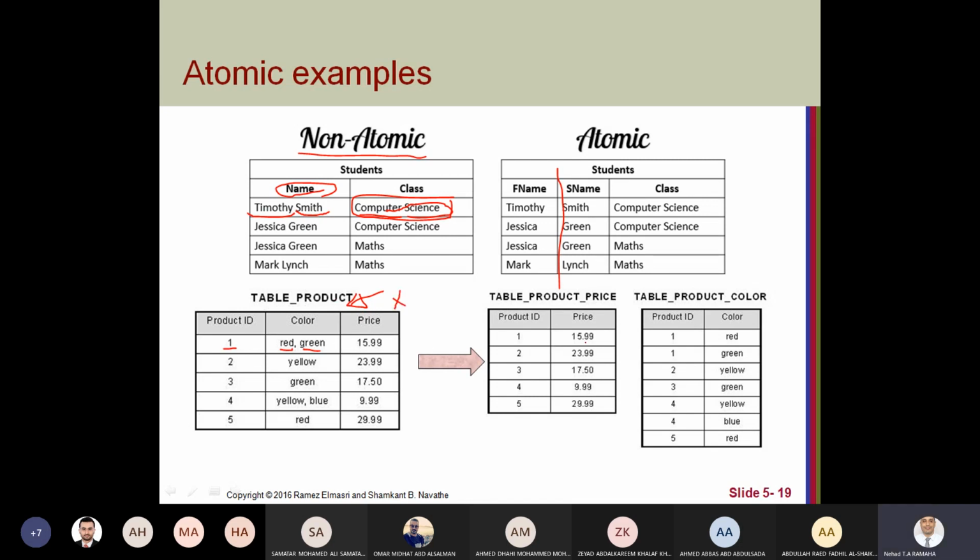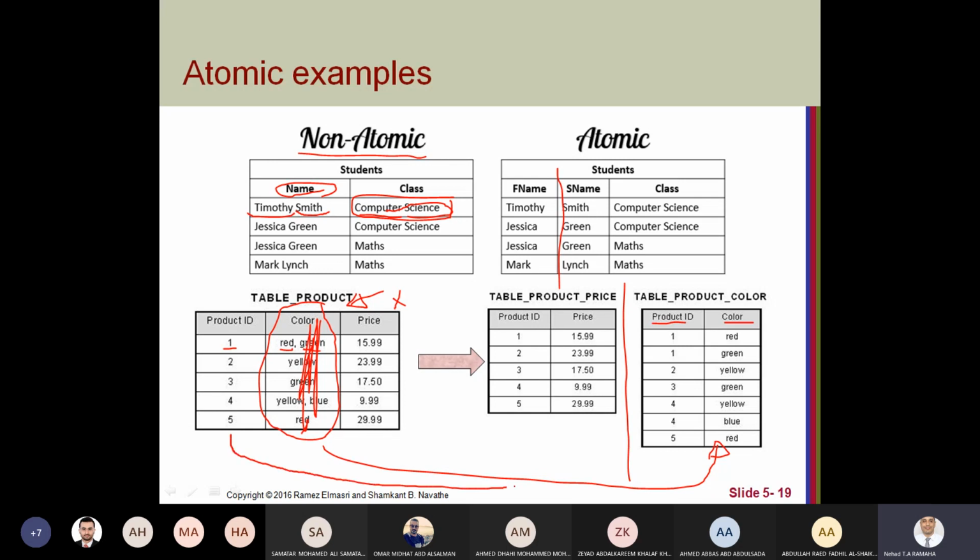I have to divide it into two parts. Here I can use the product ID with the color, so I separate this one in a separate relation or table.